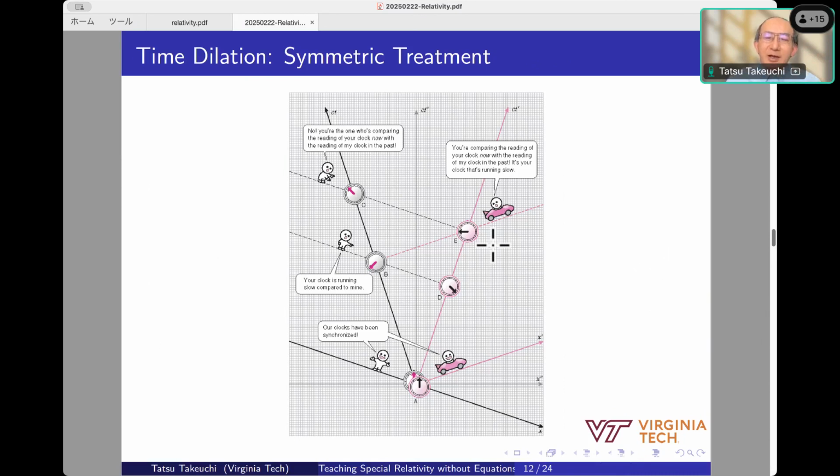And this is where time dilation comes from. Because you're always comparing the reading of your clock now with the reading of the other clock in what the other observer thinks is the past, you end up finding that the moving clock looks like it's always running slow compared to your clock.